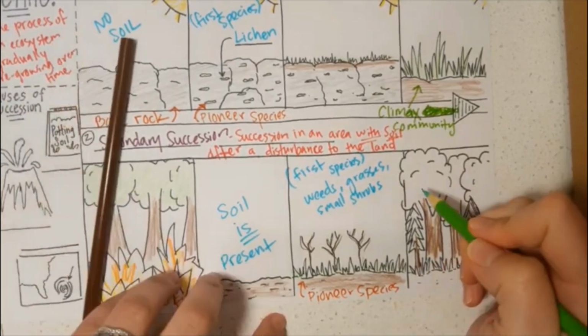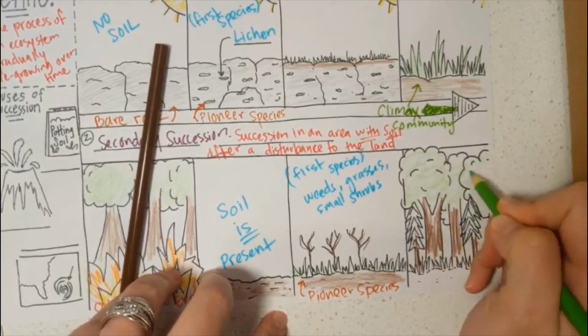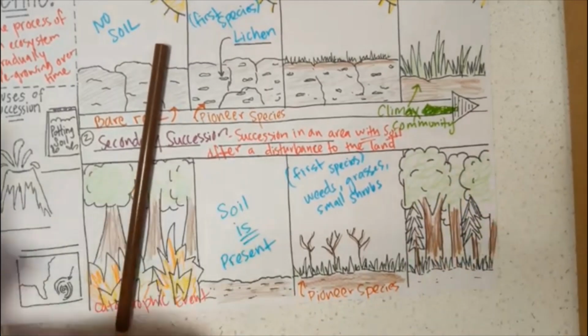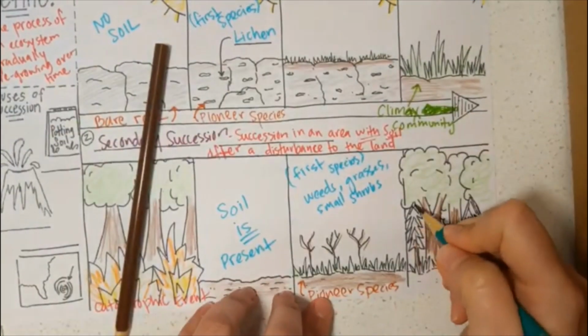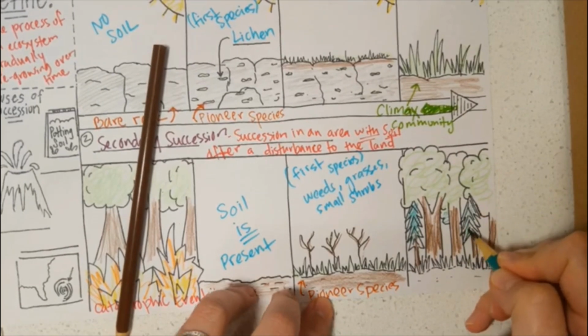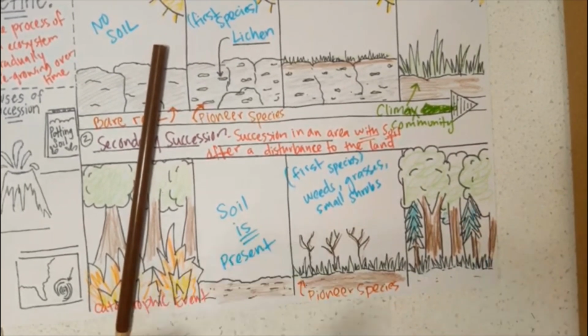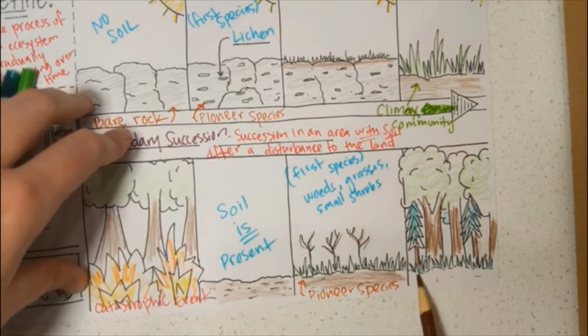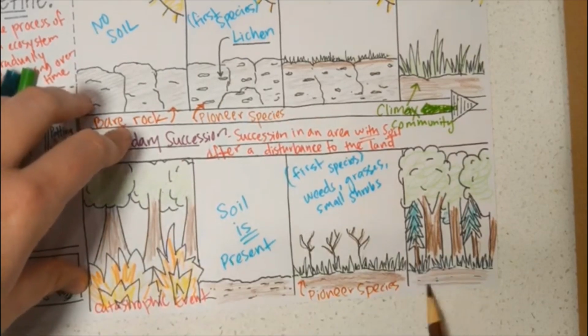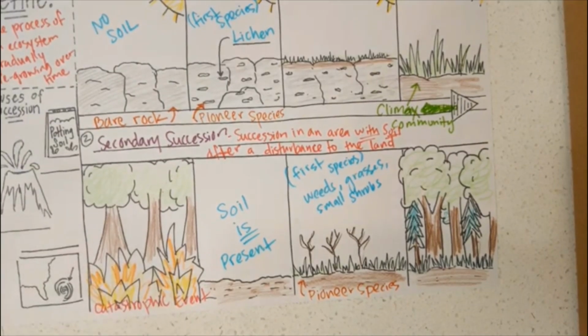I'm going to do these ones in darker green. So we've got our forest, we have our grasses, we still have soil, obviously, that didn't go anywhere. And voila, we have our climax community for this forest ecosystem.